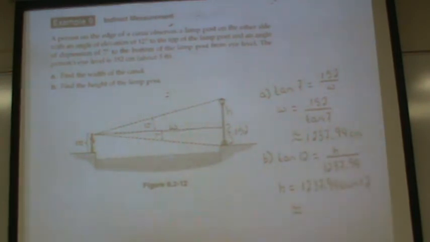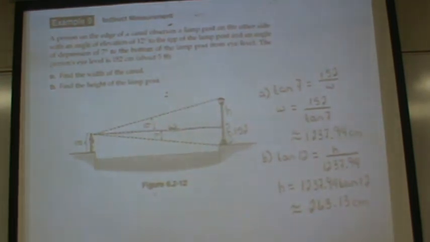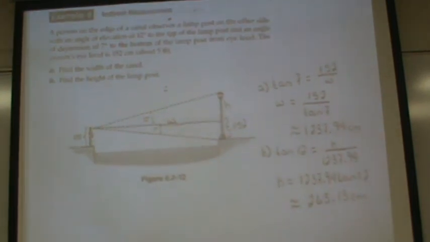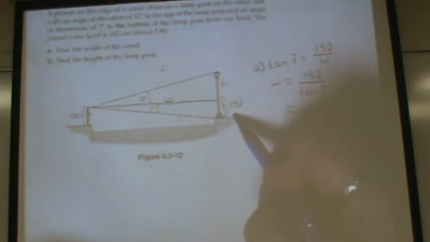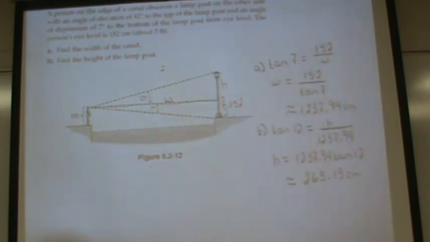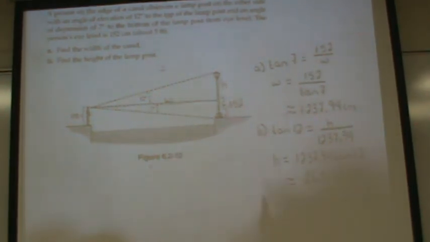And what do we get for H? 263.13. And that again is in centimeters. So now, that's only part of it. We have to find, so now we found H, and we already had the 152. So now we're just going to add the two up, and that's how high our lamp post is.